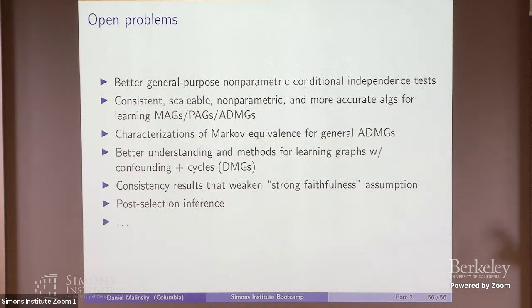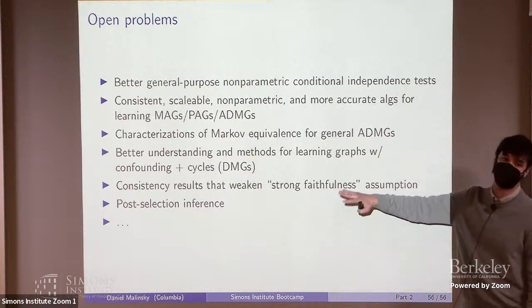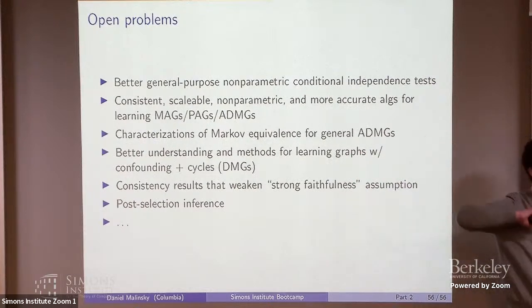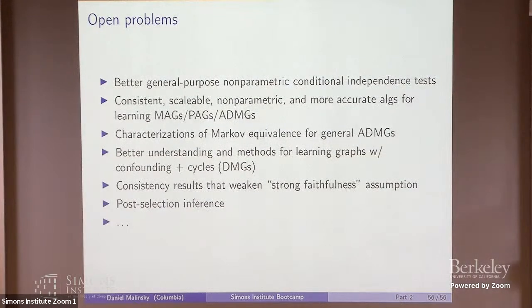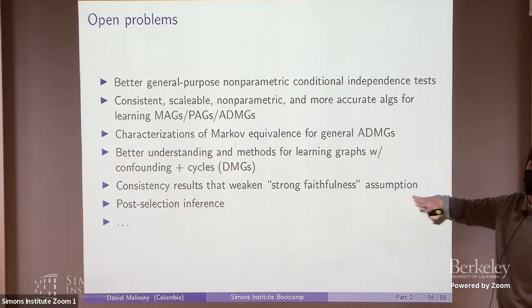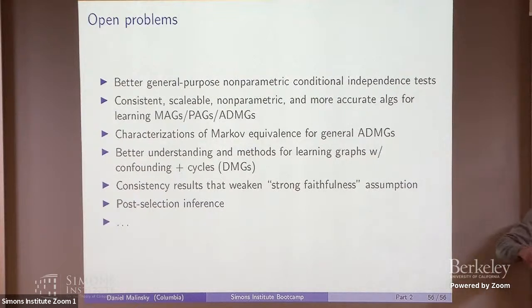There's a large literature on post-selection inference in other branches of statistics, like linear model selection. And I think there are a lot of open questions for how to do that properly in the space of discrete graph-based model selection that we do when we do causal discovery. So I'll end with that, and I'm happy to answer questions and stick around if people want to talk. Thanks for listening.